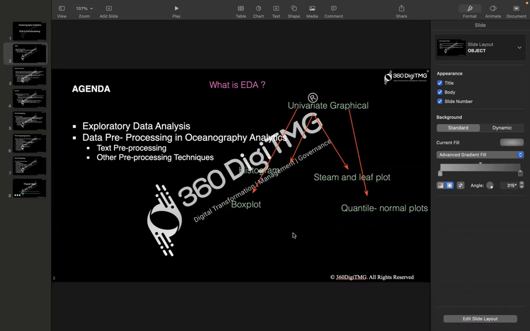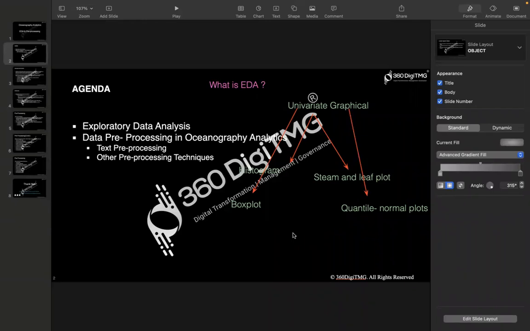Histograms are one of the simplest ways to quickly learn a lot about your data, including central tendency, spread, modality, shape and outliers.